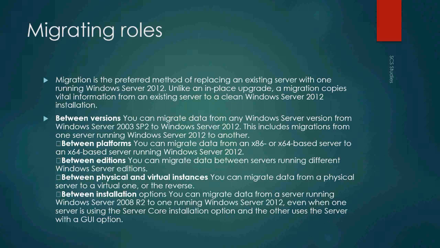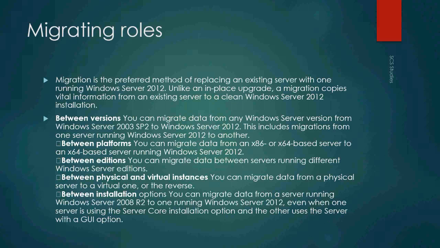Next, between editions, you can migrate data between servers running different Windows editions. That means if you have Windows Server 2008 Enterprise Edition and you want to perform a migration to Windows Server 2012 Standard Edition, that is possible. But in case of upgrade, it is not possible.